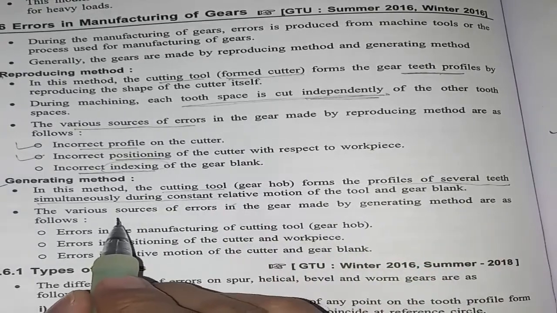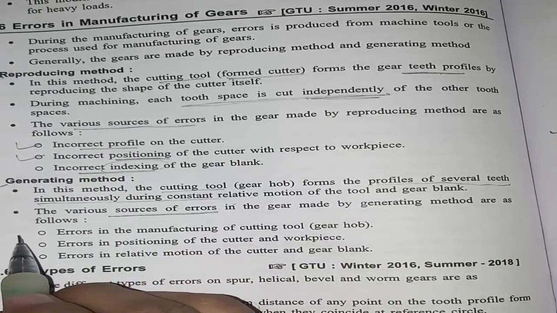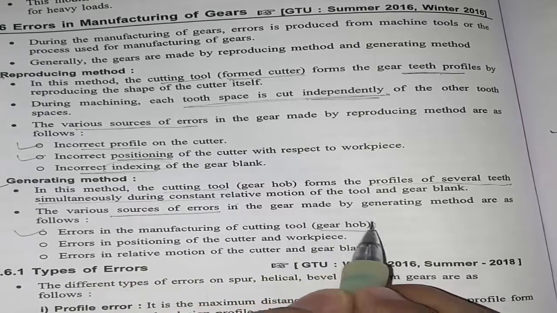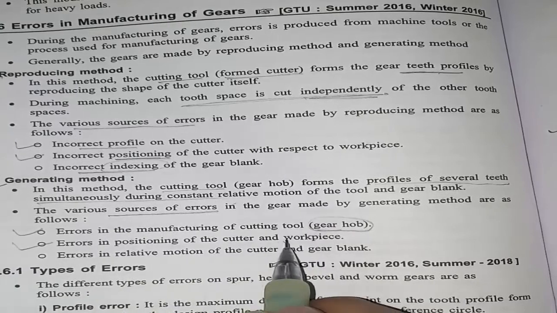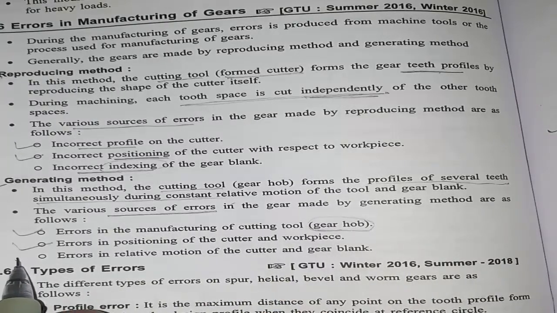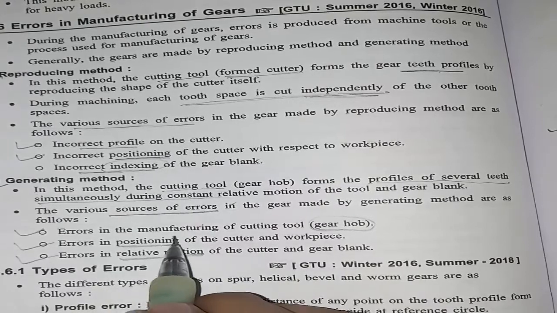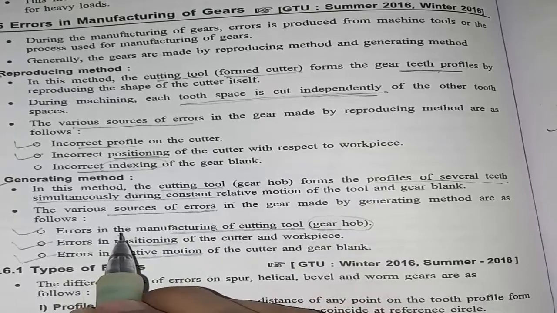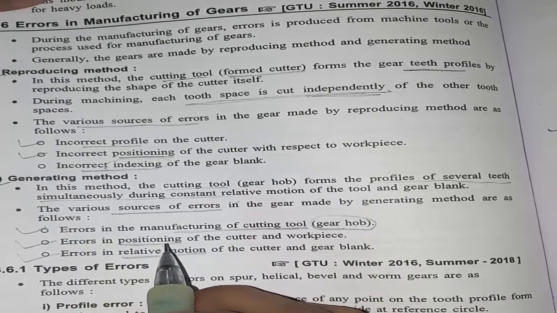There are also various sources of error during the generating method: error in manufacturing of the cutting tool like the gear hob, error in positioning of the cutter and workpiece, and error in relative motion. So these are the three sources of error for the generating method.